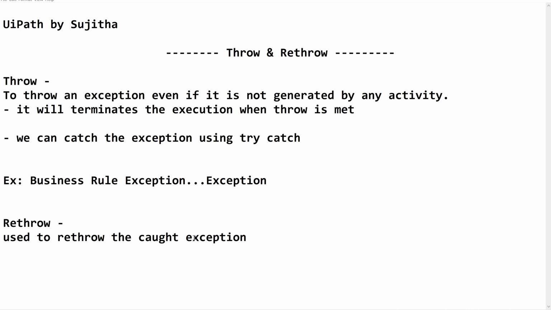That means to the next handler. That means rethrow the initially caught exception, and the main point we should keep in mind is that it should be used in the catch block only.